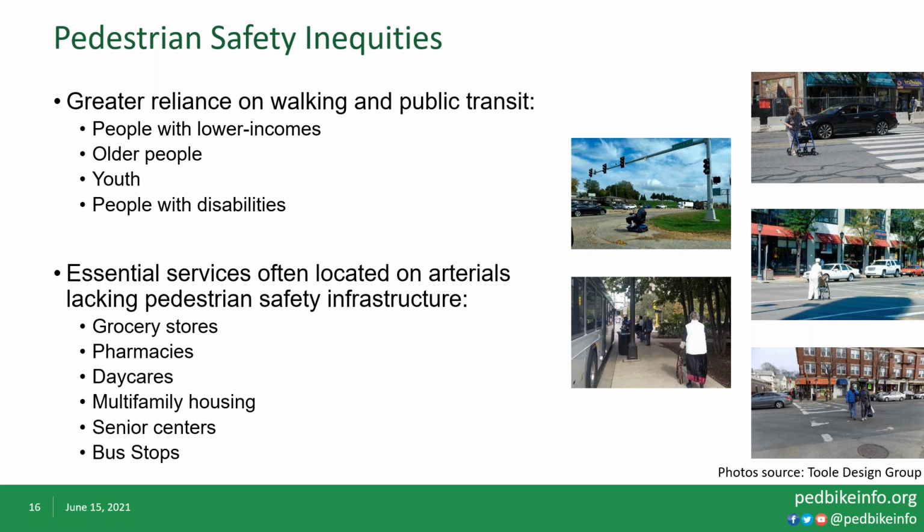There's also essential services located on arterials, which often lack pedestrian safety infrastructure. So there are things like grocery stores and daycares and bus stops and senior centers in places that are relatively the most dangerous in the transportation network.